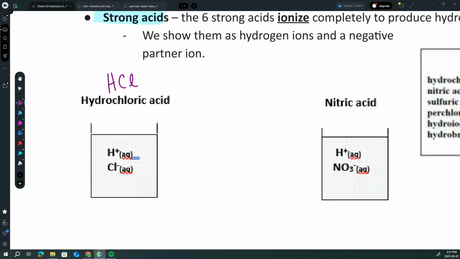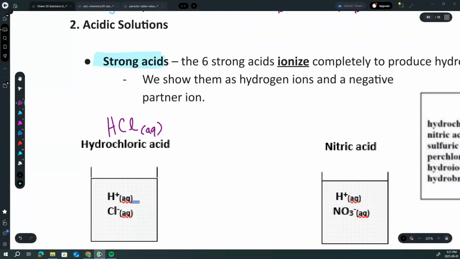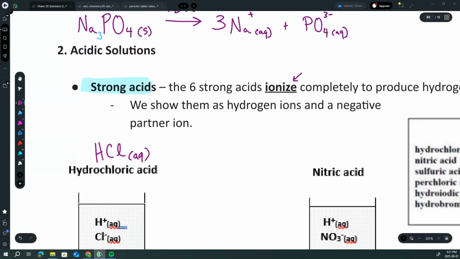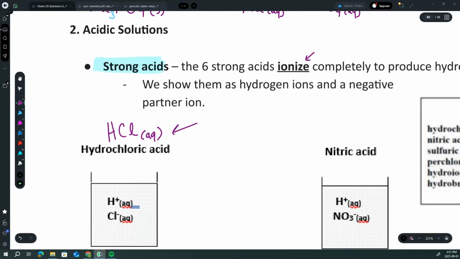So for hydrochloric acid, that's HCl, what would be present in solution? Since it's a strong acid, it's going to ionize completely. We're using the word ionize because acids refer to molecular compounds. Also, just while I'm thinking about it, acids are always in an aqueous state unless otherwise stated by the question.